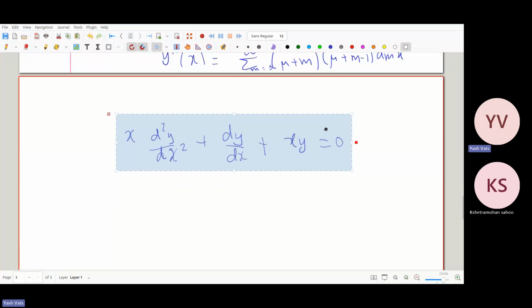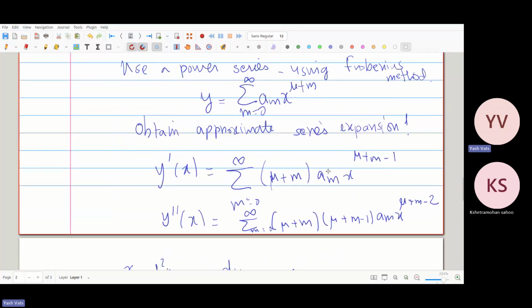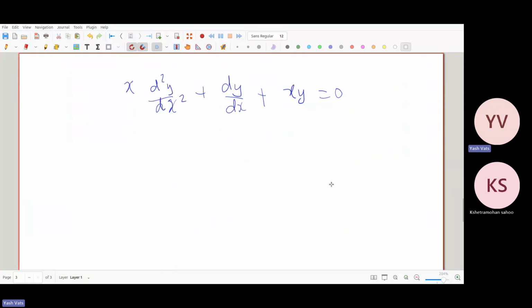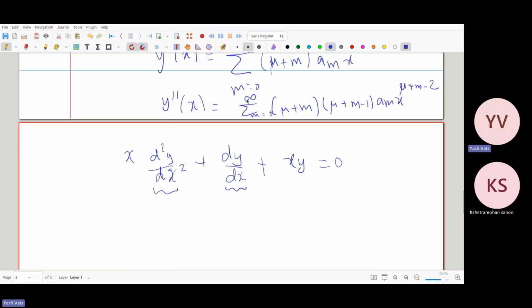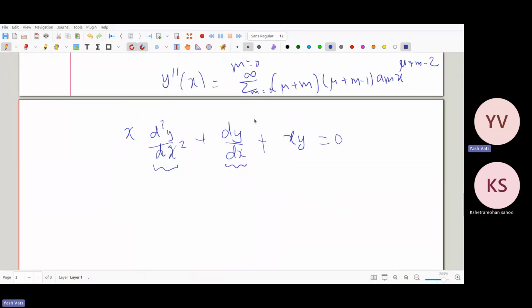Okay, so this is the differential equation that we are working on, and I try to substitute the values now. So what is y double prime of x? Just substitute here and there. So this is x times (mu plus m)(mu plus m minus 1) a_m x to the power mu plus m minus 2.